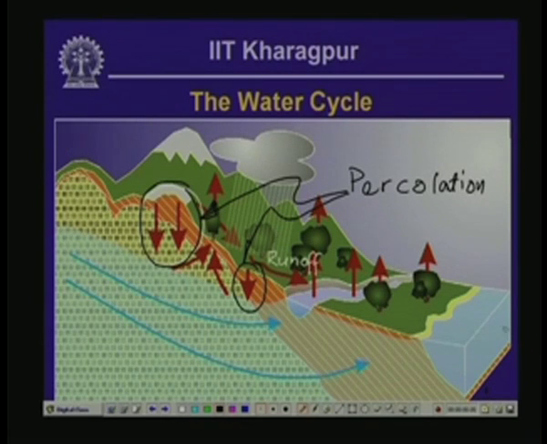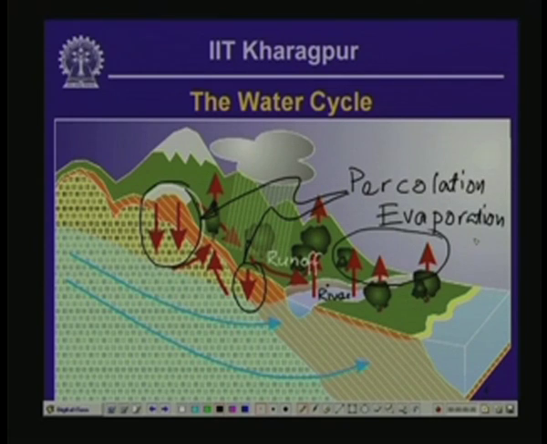And then what is going to happen, there might be an evaporation taking place from the surface of the water bodies, such as a river as shown here, or there could be evapotranspiration from the water tapped from underground by vegetation, and this evaporation is again going to lead to the formation of clouds via condensation, and that cycle is going to repeat.